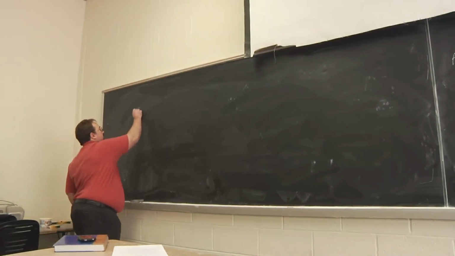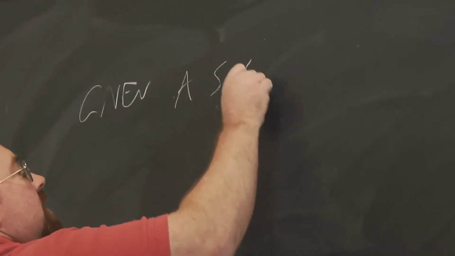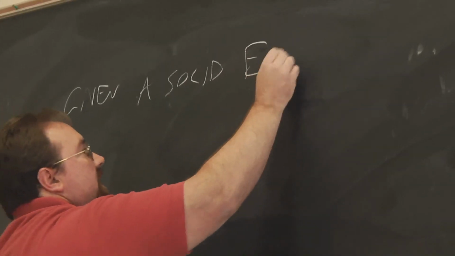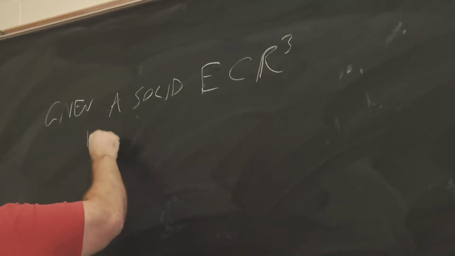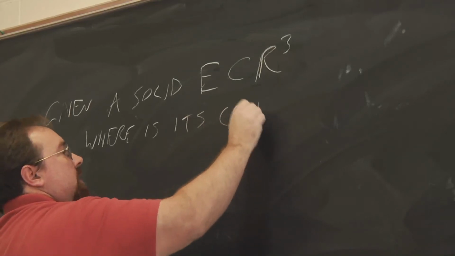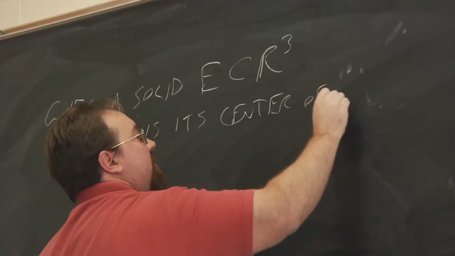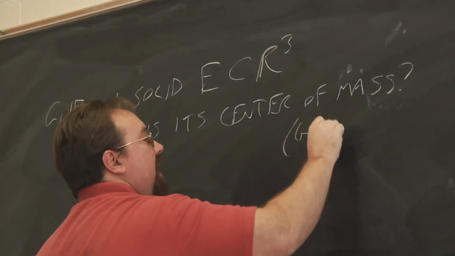Given a solid E, again a three-dimensional object, where is its center of mass, also known as its center of gravity?